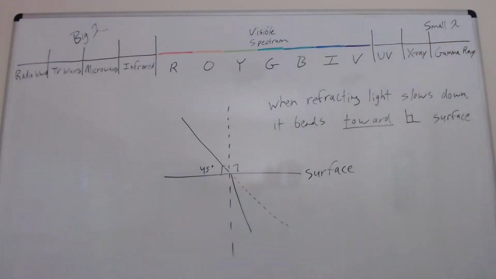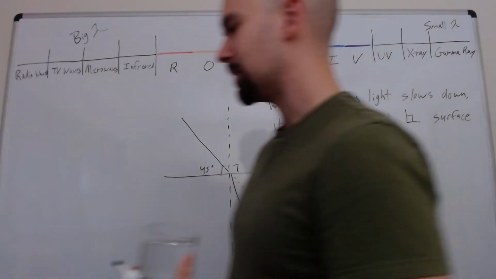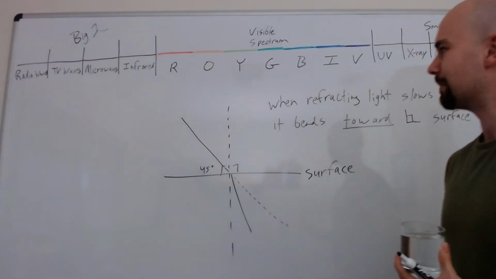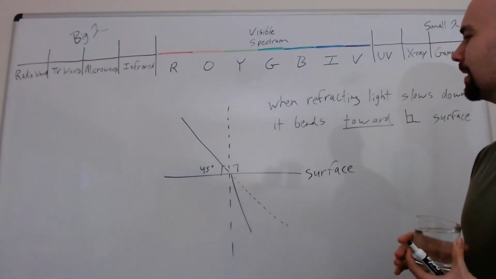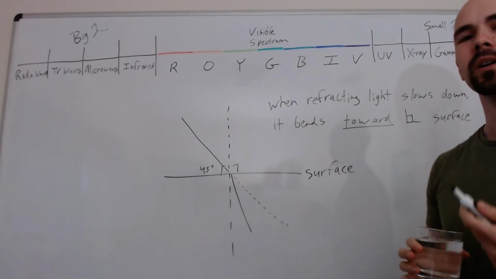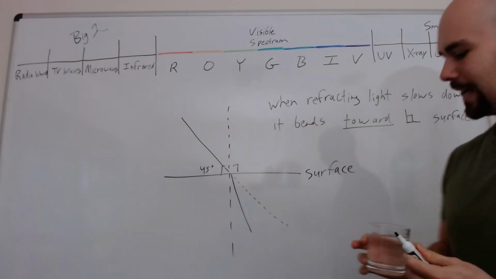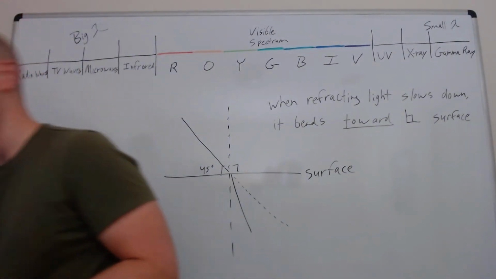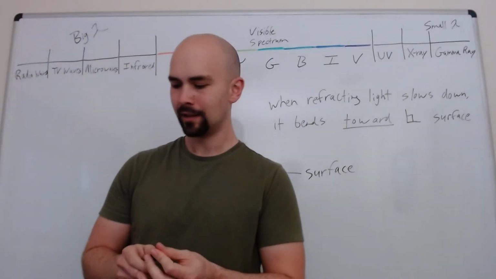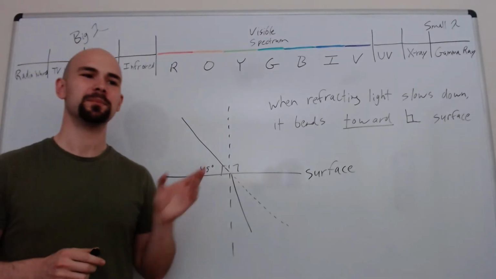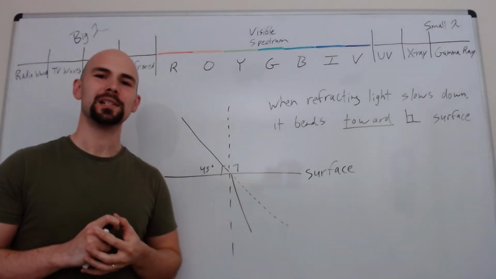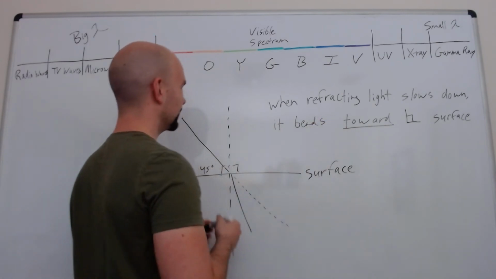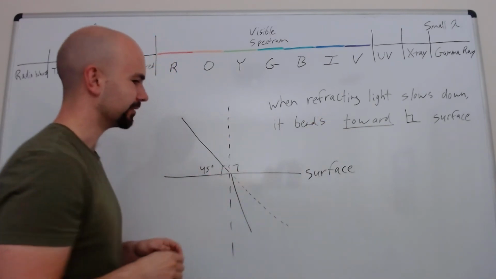Now, what happens when the opposite occurs? In other words, what happens when light enters a medium where it speeds up? For example, if I had a light that I was shining through this glass of water, then when the light actually comes out into the air, it's going to speed up and it's going to bend away from this perpendicular line from the surface.